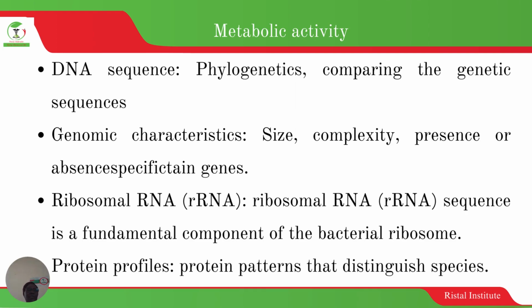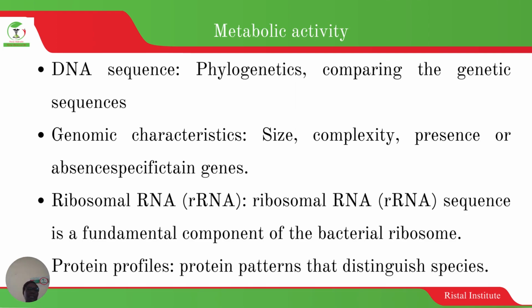DNA sequence, phylogenetics, comparing the genetic sequences. Bacteria can also be classified by comparing their DNA sequences. They look basically at the sequence of the genes of the bacteria. Then we have the genomic characteristics.